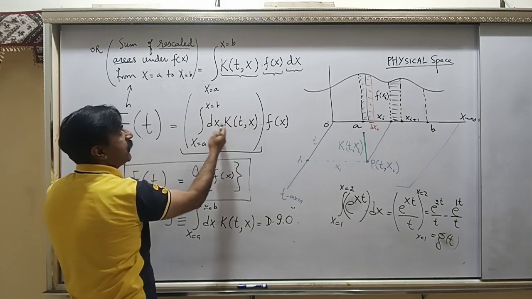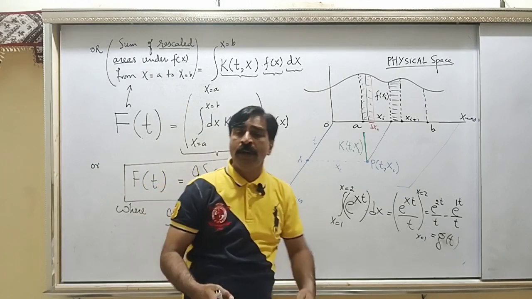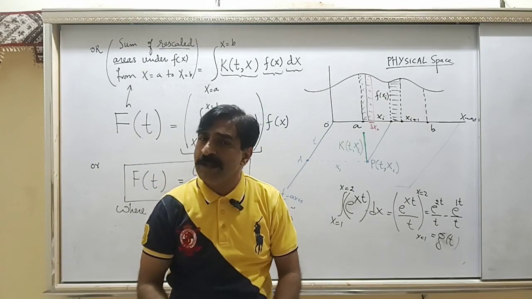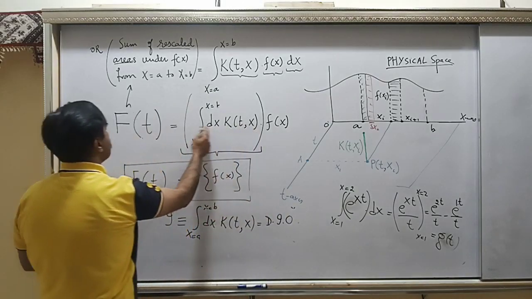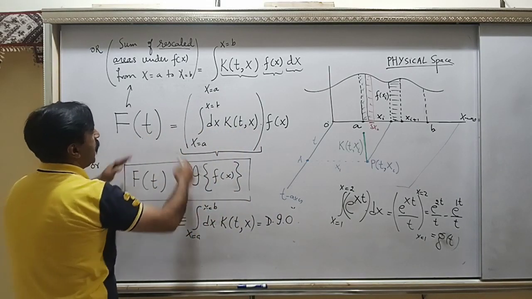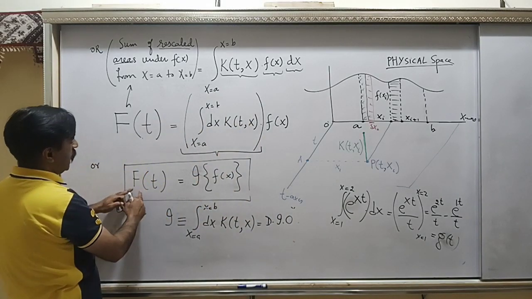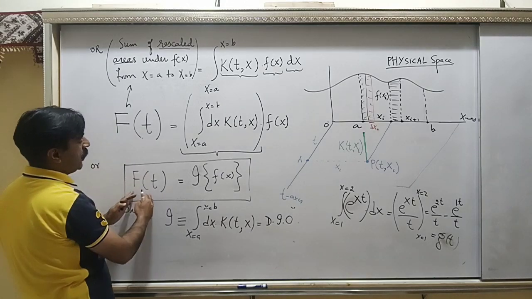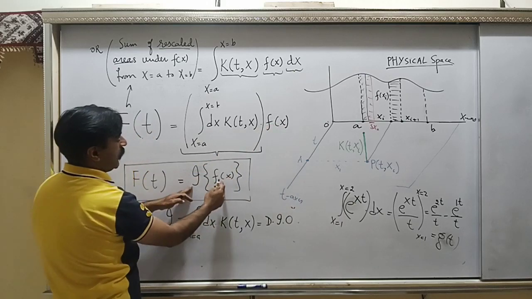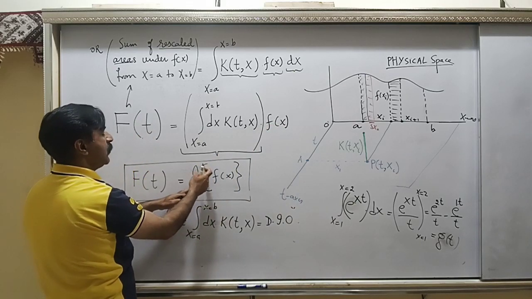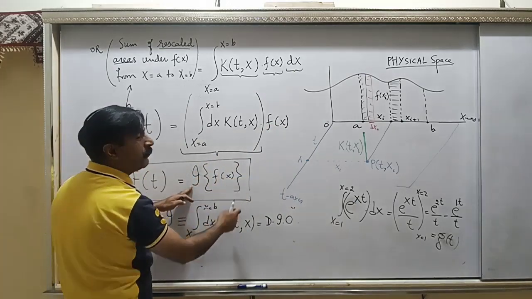And the x variable has been integrated out. Look, when you say integrated out, it means the variable has vanished from the definite integral. So x will vanish, and you will have a new variable. The same thing can be written in a compact form, this F(t), and this is the integral operator. It is acting on f(x), and the action is represented with the help of a curly bracket.